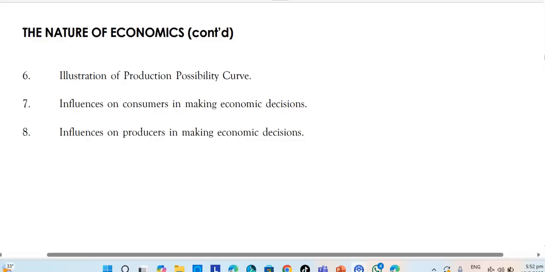Now we're going to look at the first factor that influences producers in making economic decisions, and that is cost of production. How does cost of production influence producers in making economic decisions? Now, what do I mean by cost of production? Do you know what cost of production means?